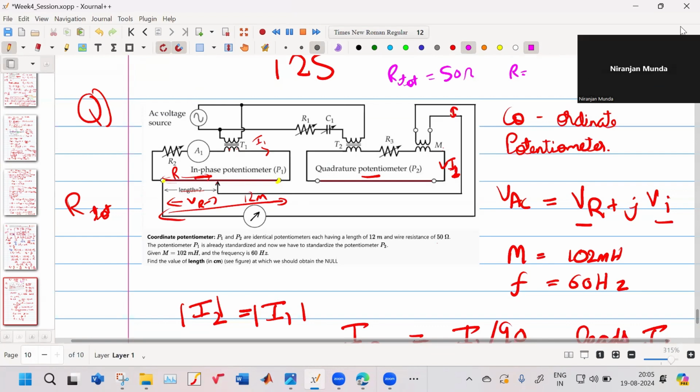So how much is that resistance? It is a fraction of this total resistance. What is that fraction? It is how much length is there divided by the total length, the fraction, into that resistance of 50 ohm.